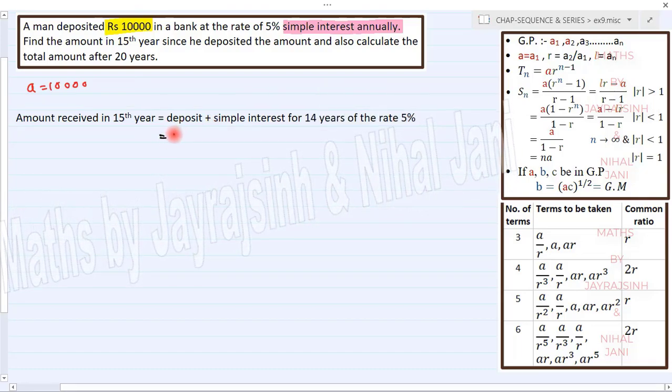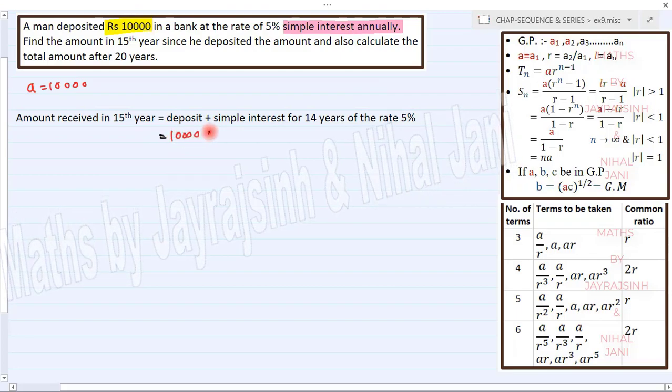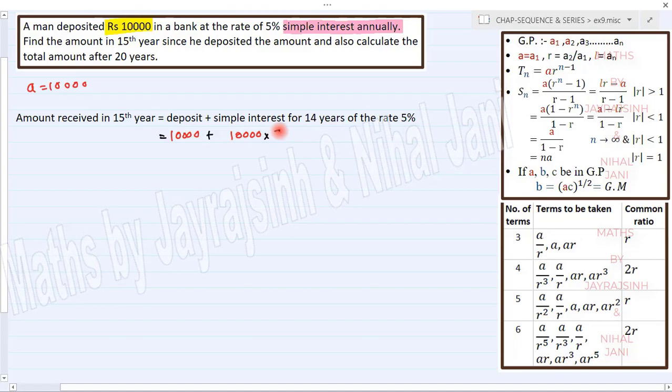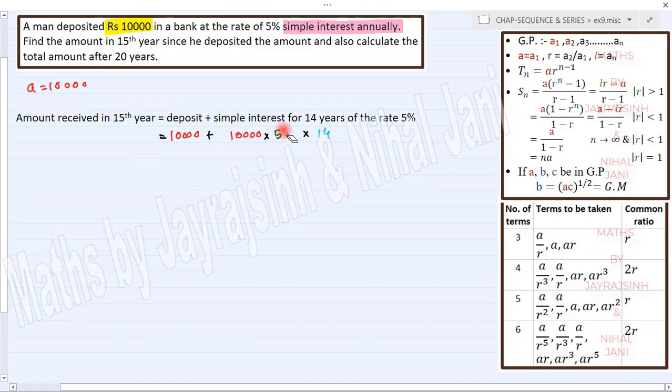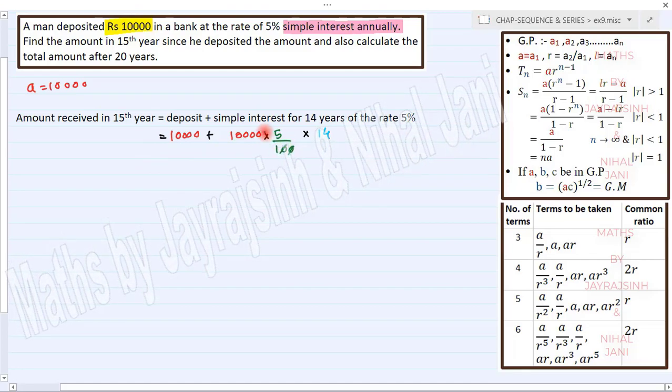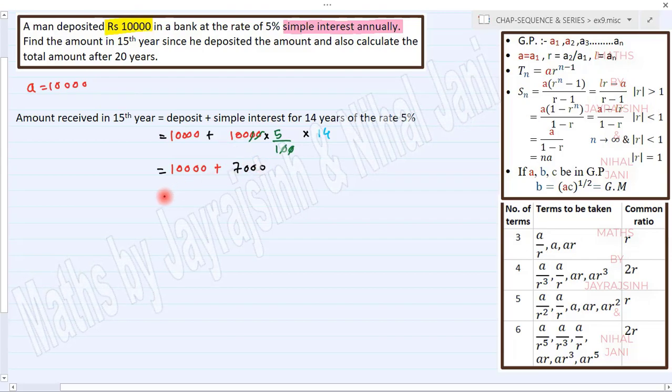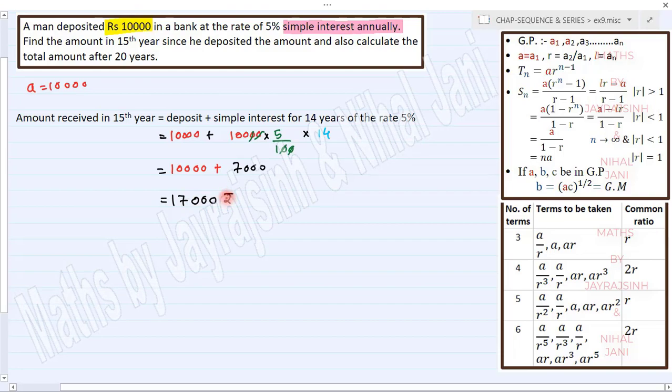So he deposited 10,000 and simple interest on 10,000 at the rate of 5% for 14 years. So this 5% is actually 5 by 100. So we will get 10,000 plus 7,000 interest. So the total amount he received is 17,000 rupees.